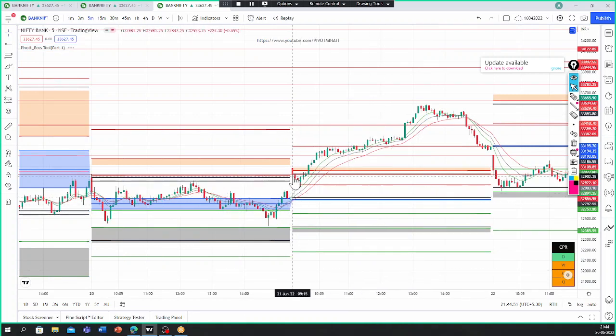There is a gap up, right? Now this was the previous day high. Opening was above the previous day high, but where was the closing? Closing was below PDH.